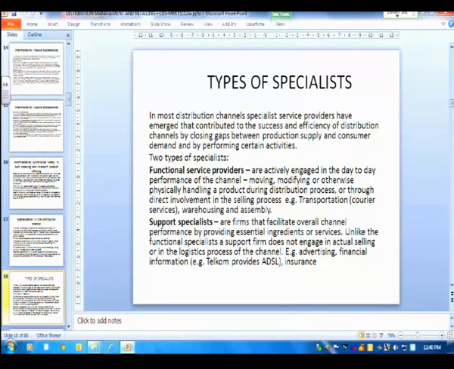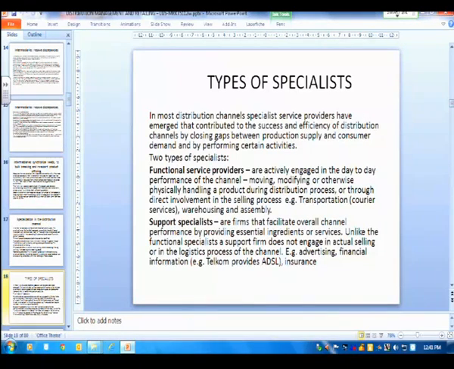For example, relating to moving, modifying, or otherwise physically handling a product during the distribution process, or direct involvement in the selling process. For example, transportation in terms of courier services, warehousing, and assembly.